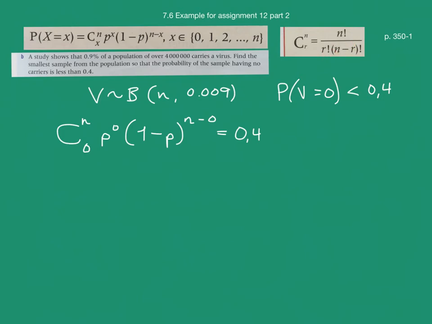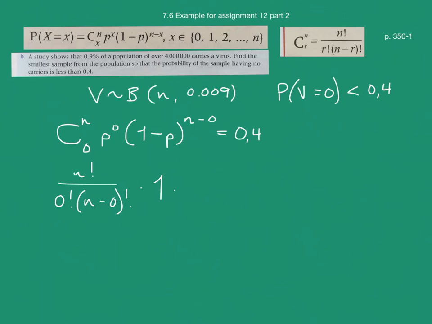And what this is going to look like now is n factorial divided by 0 factorial multiplied with n minus 0 factorial. And then we have the probability to the power of 0, which is 1. So it doesn't matter what the probability is. Anything to the power of 0 is going to be 1.